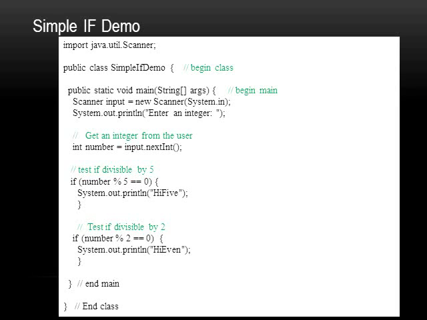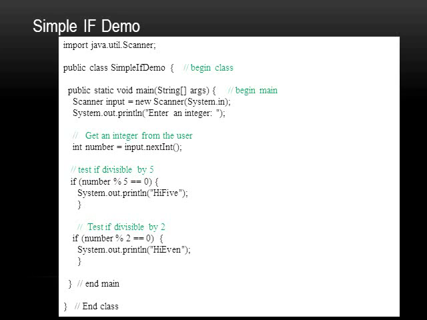So here's the code that implements our pseudocode. The first part of this should be pretty familiar to you by now. The new parts are down there where we do the test. The first test is for divisible by 5. And in the brackets after the if, that's our Boolean expression. We do number % 5, so that's taking the number that was entered, dividing it by 5 to give the remainder.